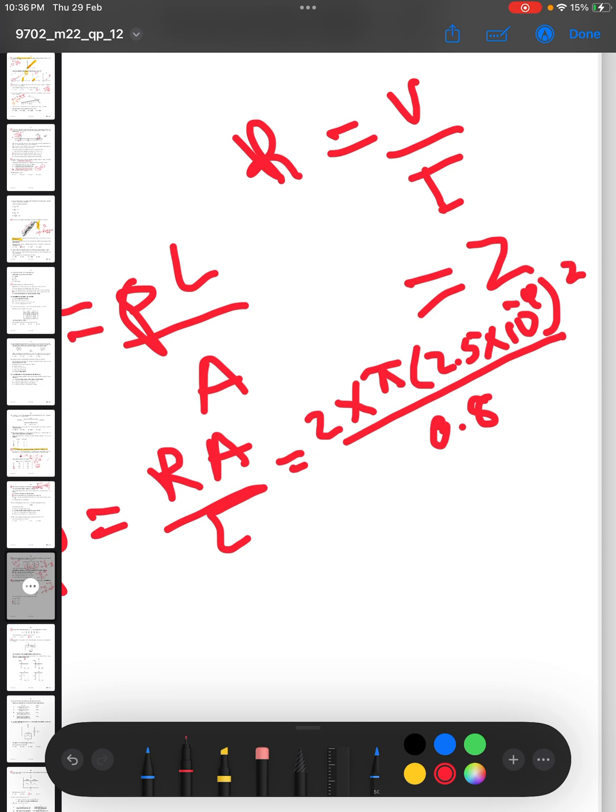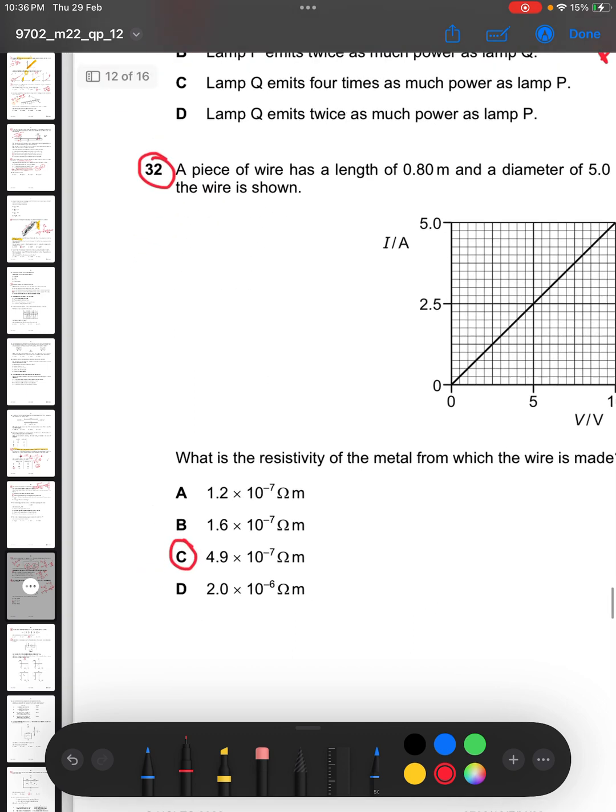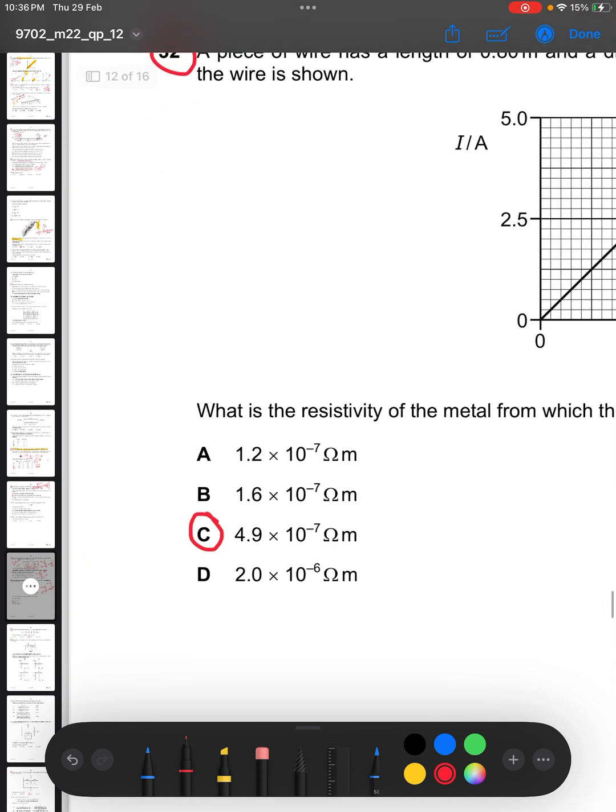That will give us an answer of 4.9087 times 10 to the power of minus 7. So the answer is there, like that.